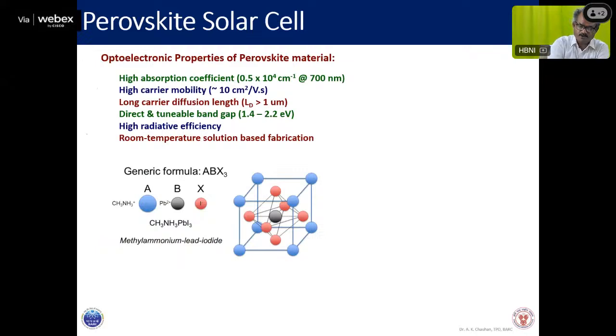What is a perovskite structure? We know this from basic crystal structure: ABX3 is a perovskite structure. The molecule they used as a dye was methyl ammonium lead iodide, and because it has a perovskite structure, these solar cells are called perovskite solar cells.